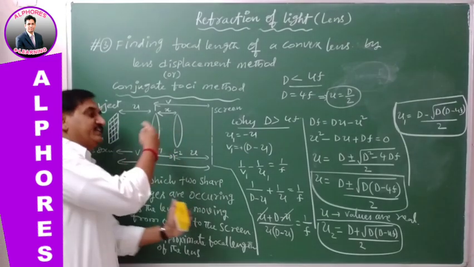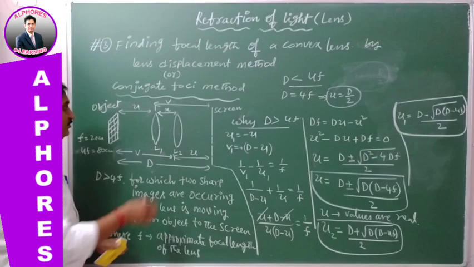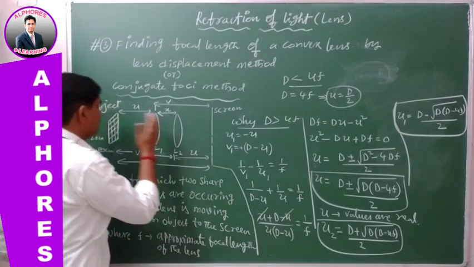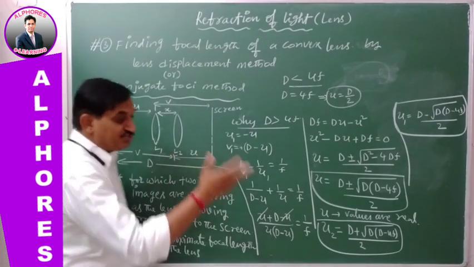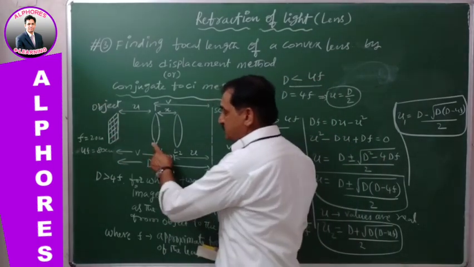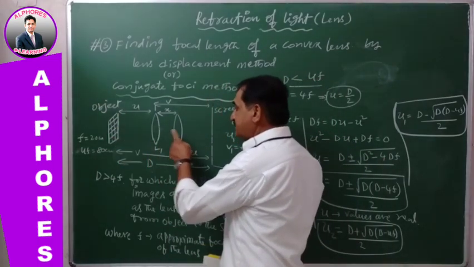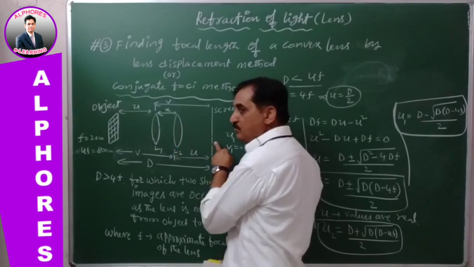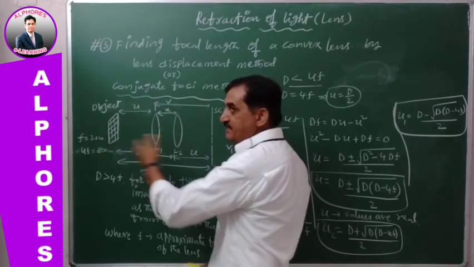They will be quite interchanged. The positions of the object and the image will be interchanged. Meaning earlier this is the object for the first position of the lens. For the second position of the lens, this becomes the object and this the image, like that.